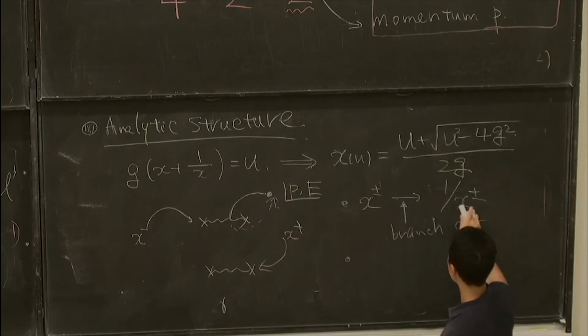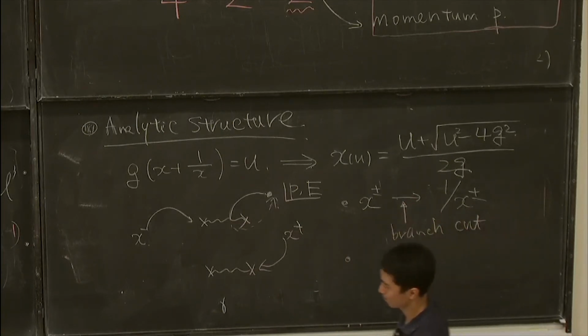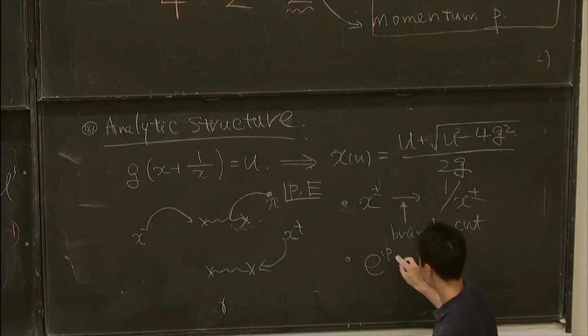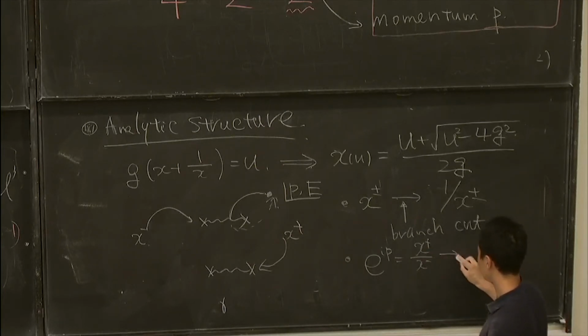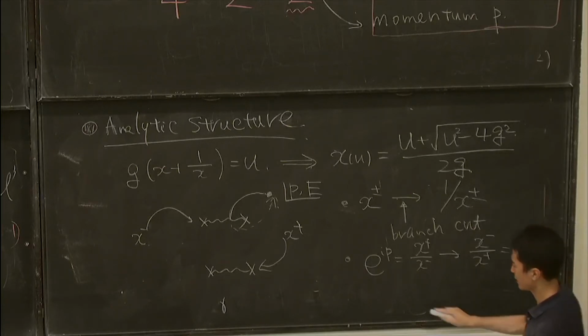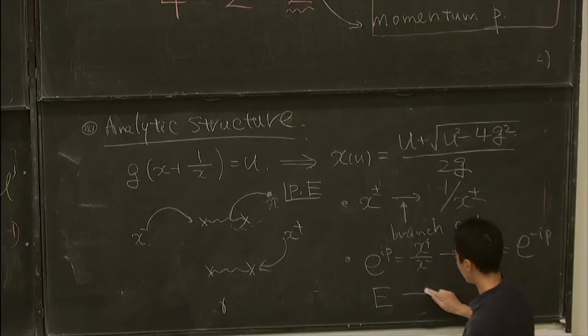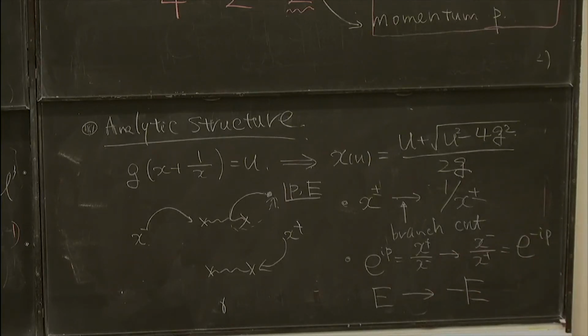If I cross both, both x plus and x minus become inverted. Firstly, it's easy to see what happens to momentum. Momentum was given by x plus over x minus. If you cross the cuts, it becomes x minus over x plus, which means you actually inverted the momentum. And it is easy to see that the same is true for energy. So by going through two branch cuts, you basically invert momentum and energy.